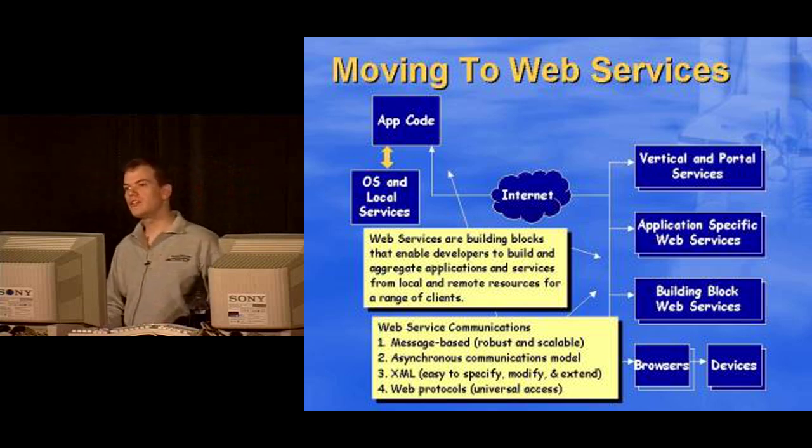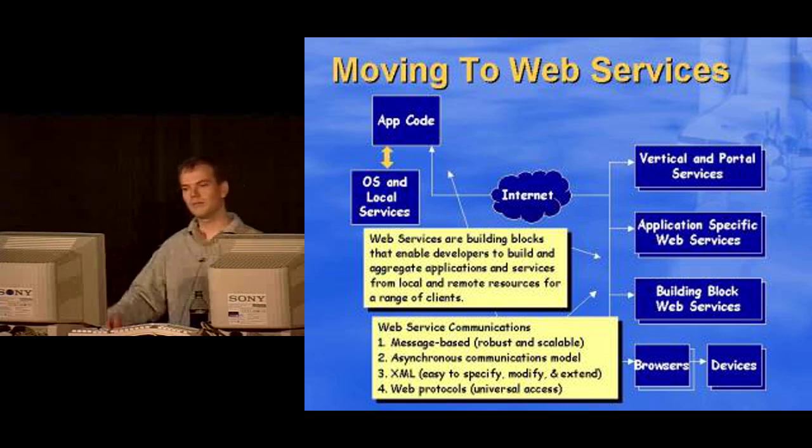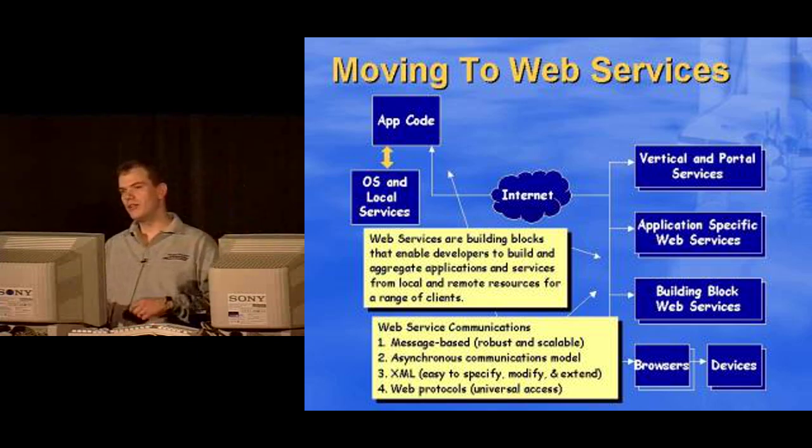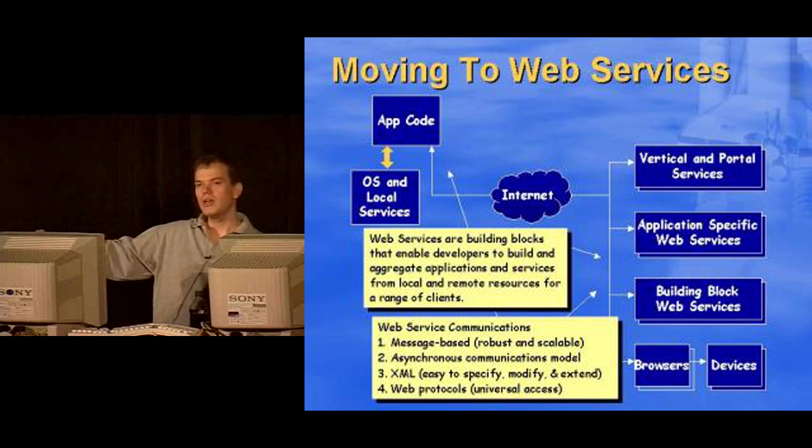In order to make this stuff work, there are a few key things that you have to get away from and kind of get above. The first one is that the model of communication between the application that's consuming the service and the service itself is a loosely coupled asynchronous model.